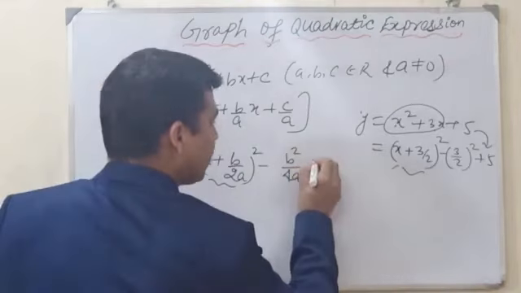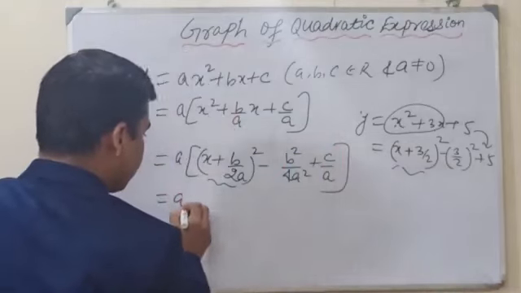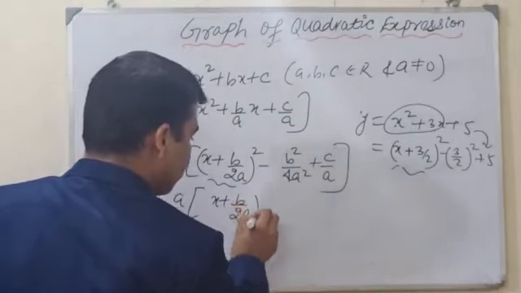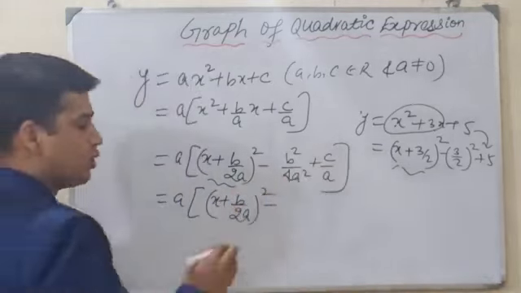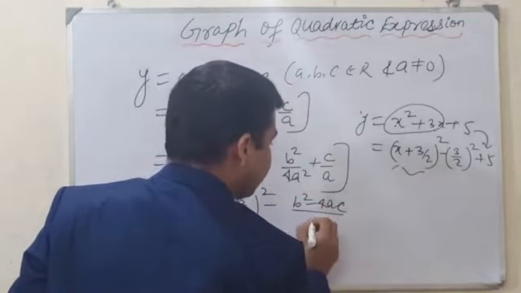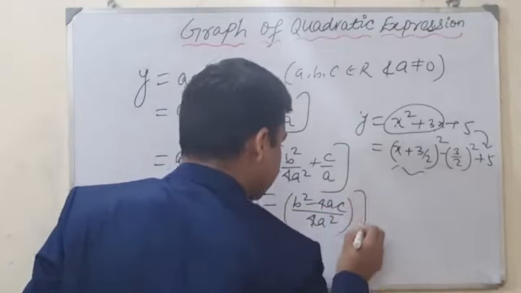Directly I am writing, plus c by a. Now if you solve this, taking the LCM, you will get b square minus 4ac divided by 4a square.